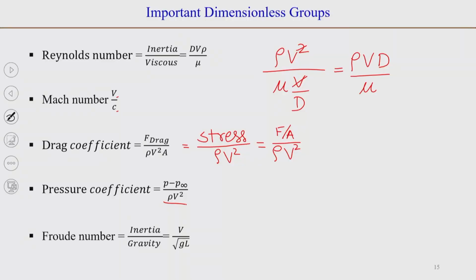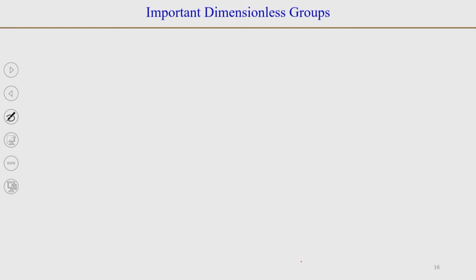So, in this form it is the square root of inertia over gravity. So, if we write down inertia as rho v squared and gravity as rho g, and L, rho will cancel out. So, it will come out to be v squared over g L, and this is given in a square root form. So, this Froude number is V over root gL.